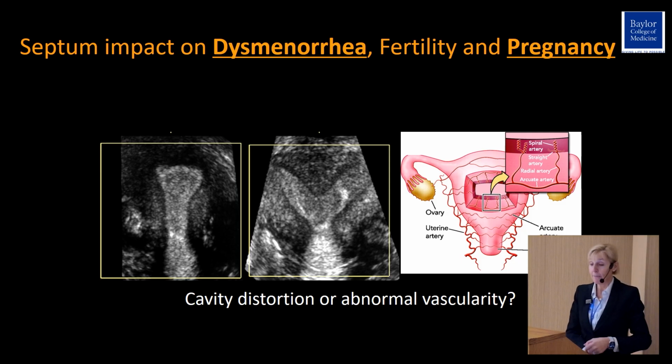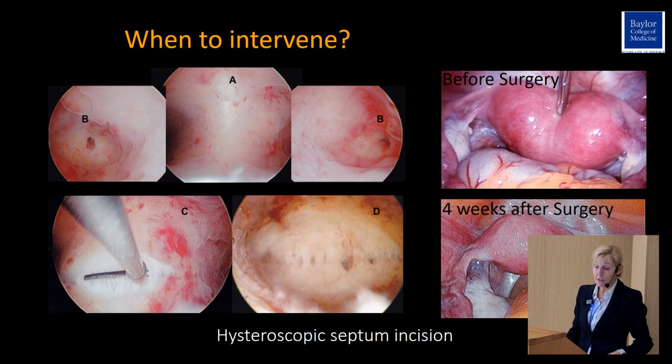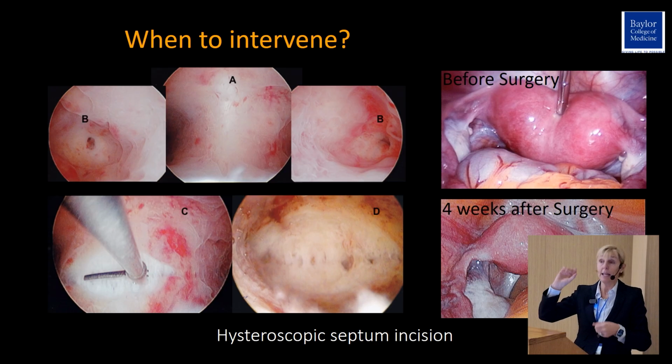So when to intervene? We're going back to that question from before. Well, if you see here, whenever we intervene hysteroscopically, we perform an incision of the septum. So we don't take any specimen with us, because we typically do it with scissors, or even if we use a resectoscope, we typically use it as a blade.